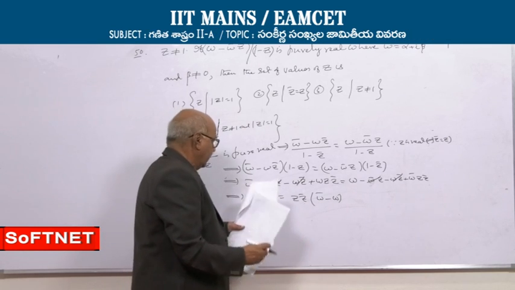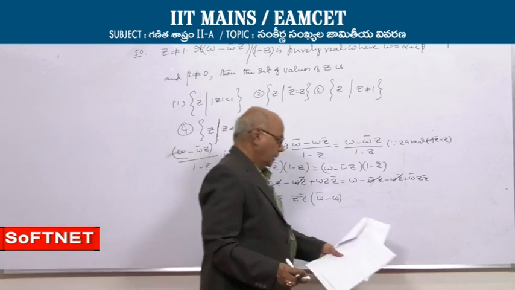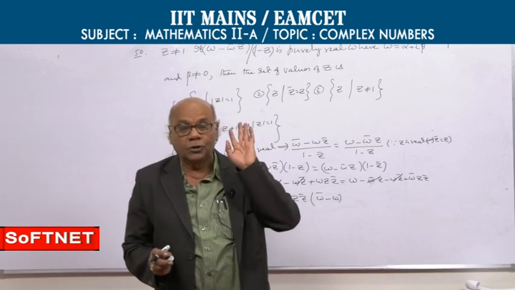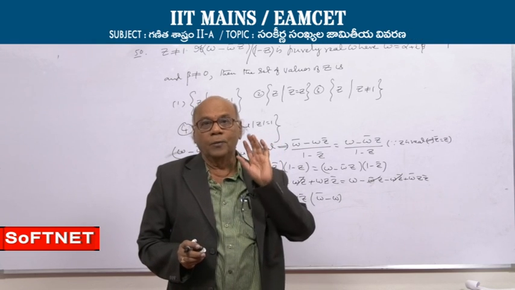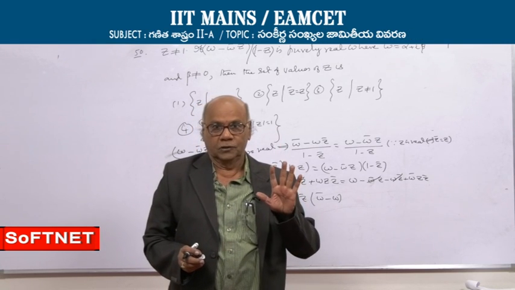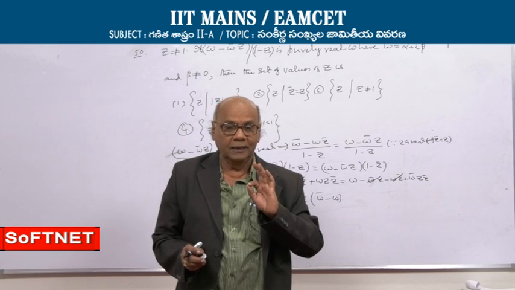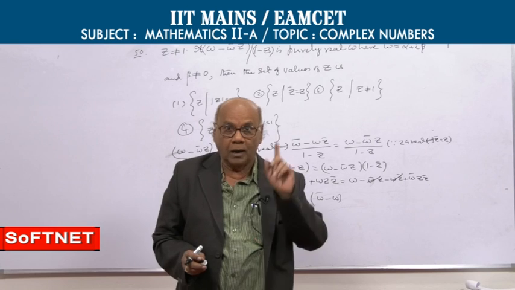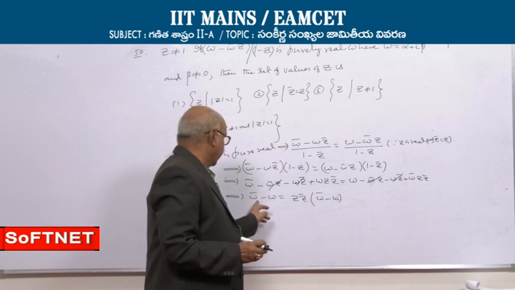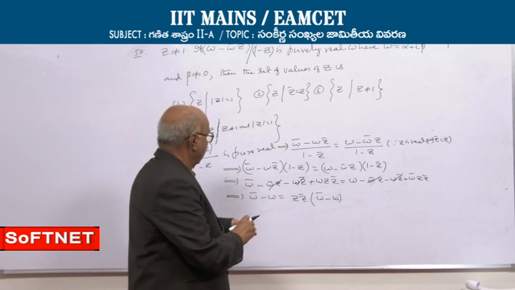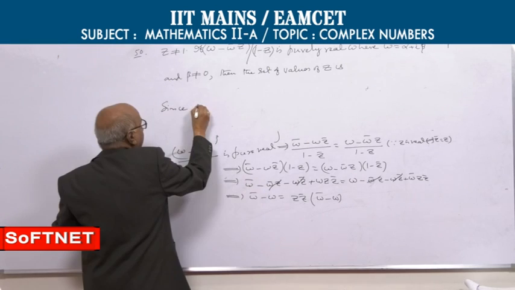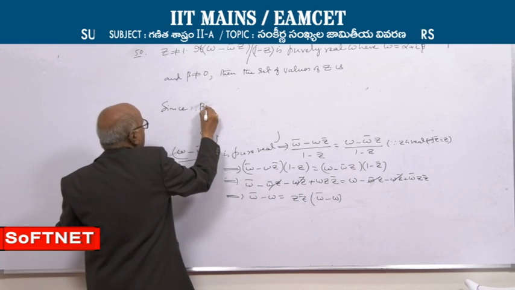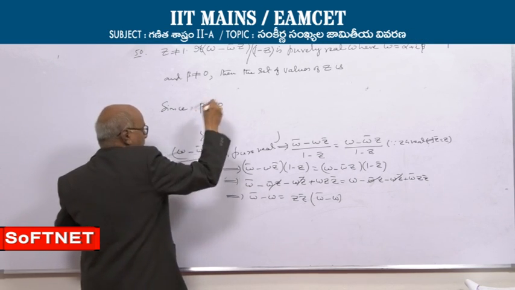Now by hypothesis, ω = α + iβ, where β is not equal to 0. That means ω is not real, so ω is not equal to ω̄. For this purpose only that hypothesis is given.